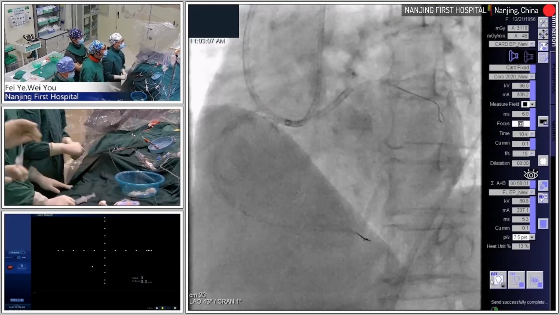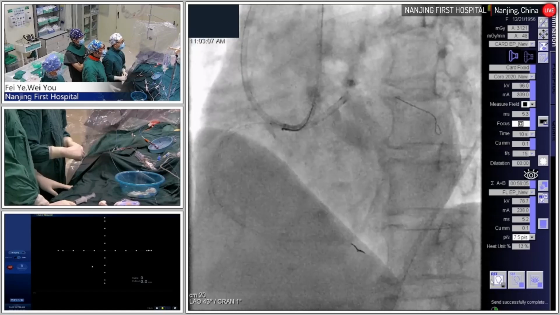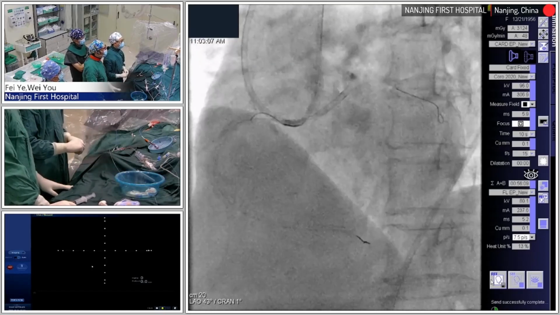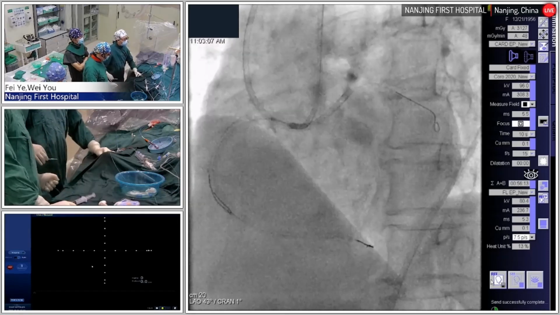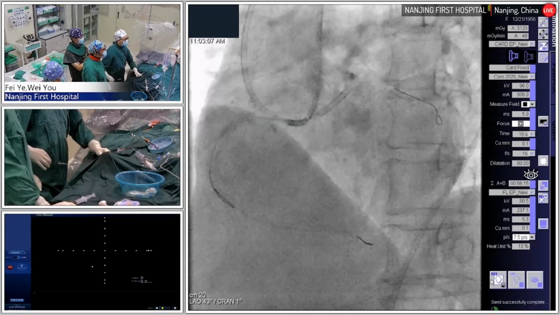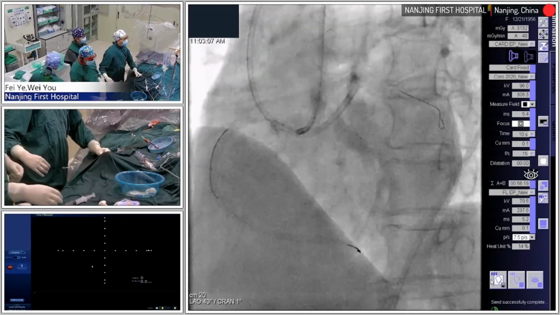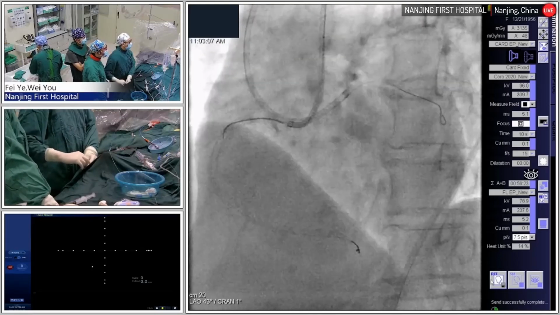So what's the guiding catheter used for RCA? Unfortunately the sinus is very short, a little difficult for the retrograde guidewire tactic.